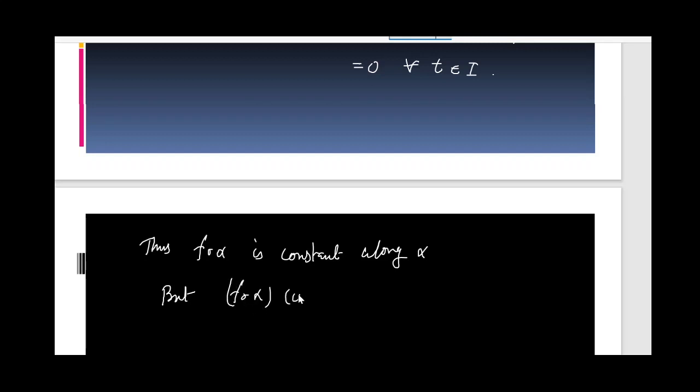Thus f composition alpha is constant along alpha, but f composition alpha of 0 is equal to f of alpha of 0, that's equal to f of p, and that's equal to c.